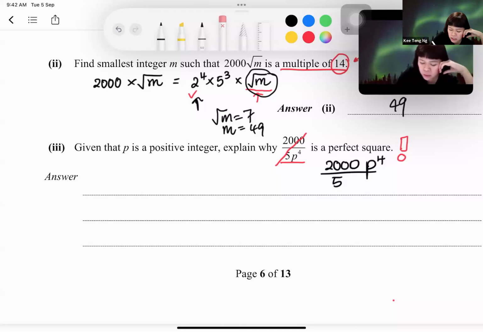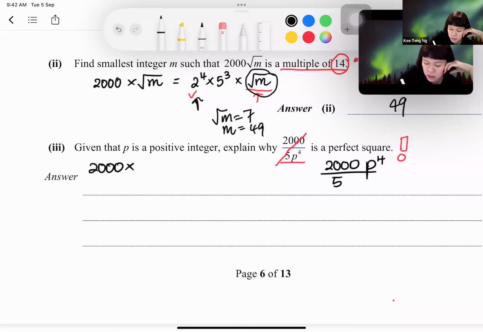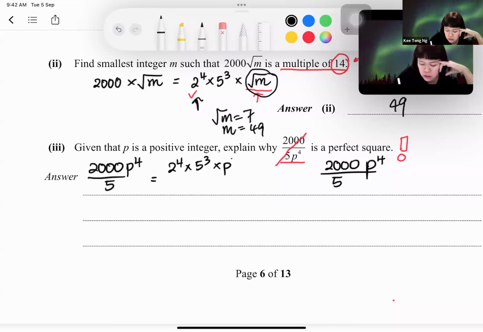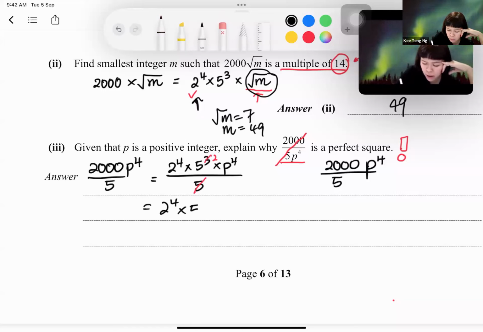How do I explain this? 2000 times P to the power of 4 over 5 can be simplified. Remember 2000 is 2 to the power of 4 times 5 to the power of 3, right? If I divide by 5, what happens to the power over here? This becomes 2 to the power of 4, 5 to the power of 2, and P to the power of 4.